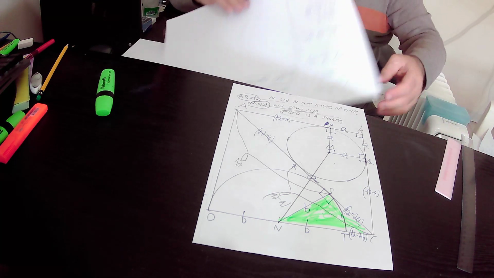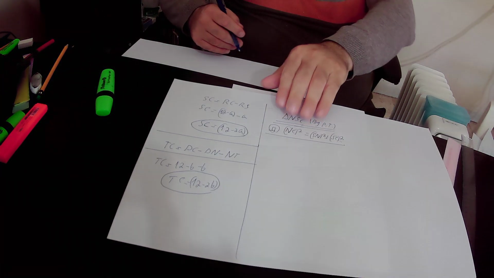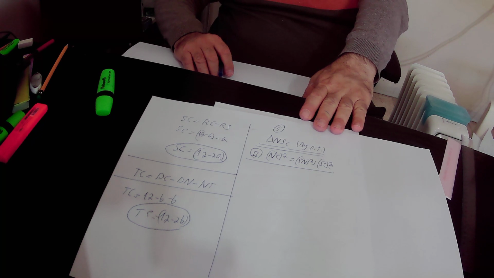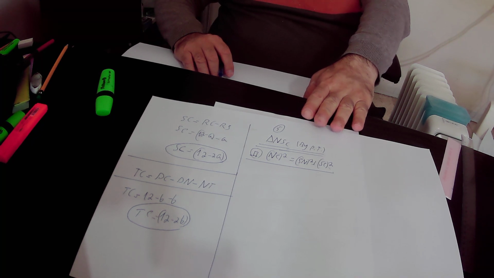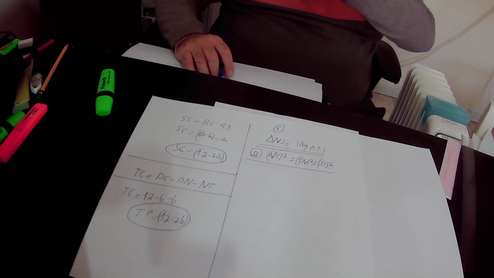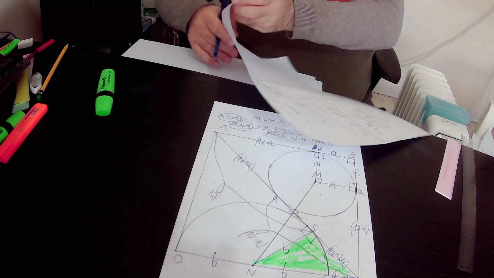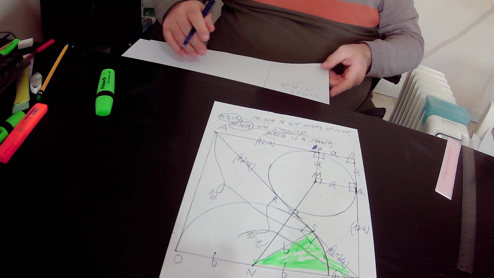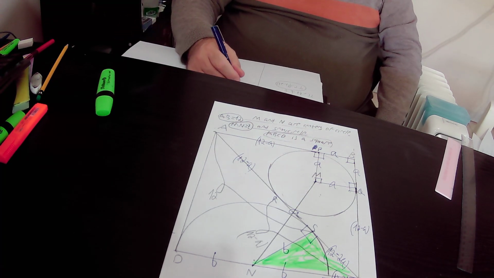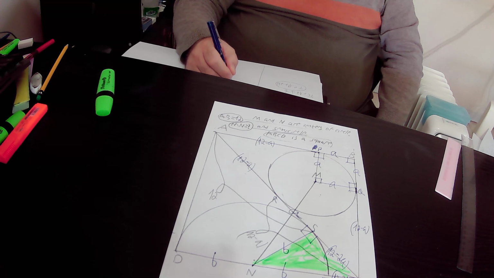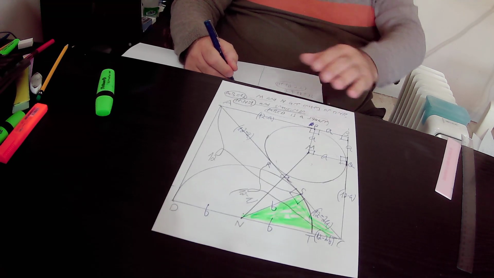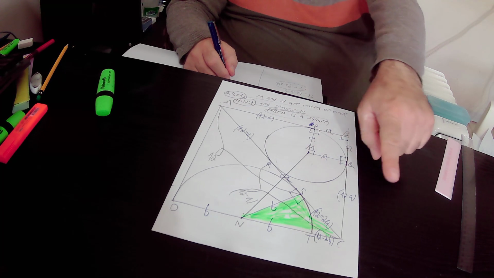I repeat again, in the right triangle NSC, by Pythagoras theorem, NC squared must be equal to NS squared plus SC squared. And what is the value of NC, the hypotenuse NC? From the drawing, it is very easy to see that NC is equal to NT plus TC.